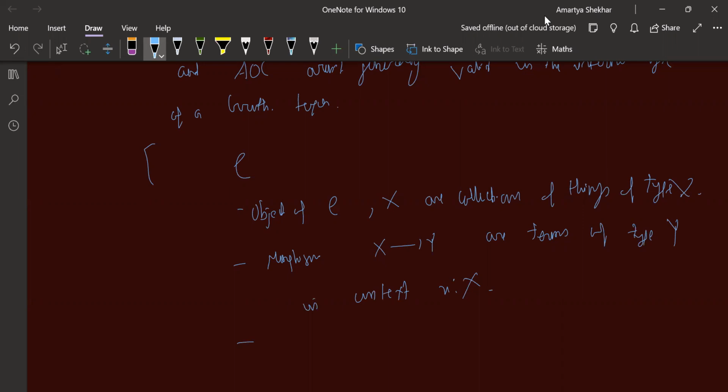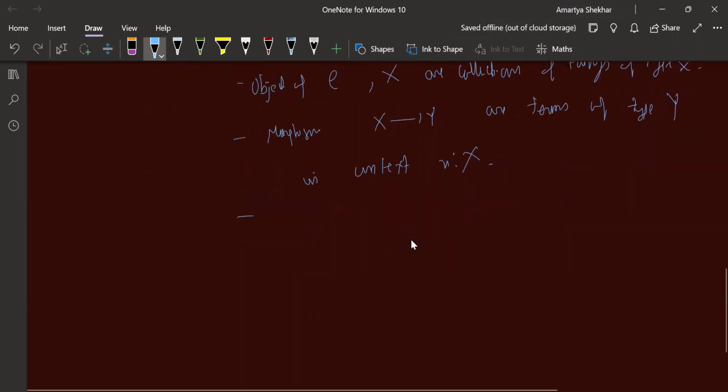And then you have a notion of a sub-object, which is the most important one. A sub-object is a proposition.